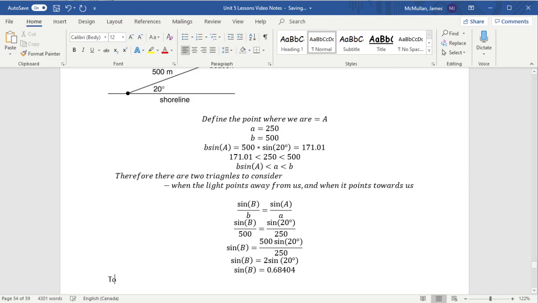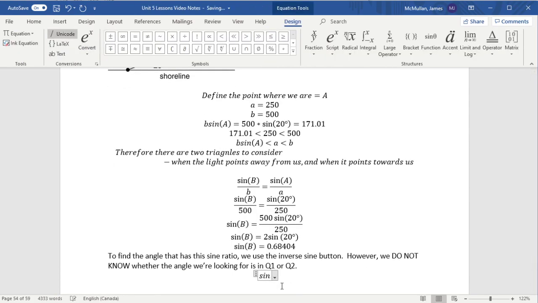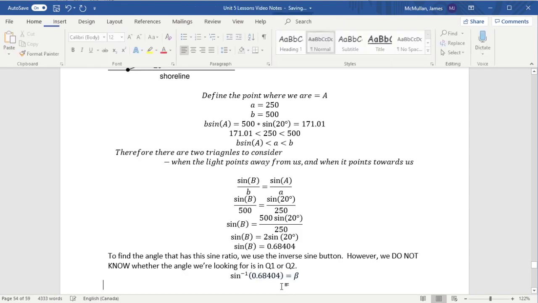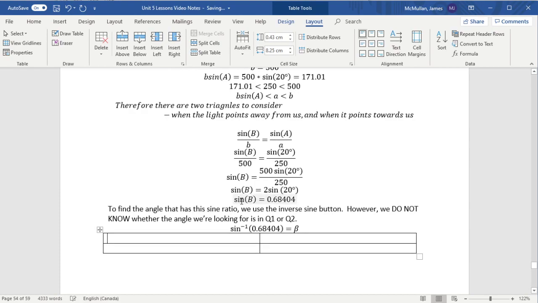Now at this point, to find the angle that has this sine ratio, we use the inverse sine button. However, we do not know whether the angle we're looking for is in Q1 or Q2. So we proceed along 2 different paths. We do the sine inverse of 0.68404, but when we get that angle, we remind ourselves that that is beta. Okay? Then we say there are 2 answers.